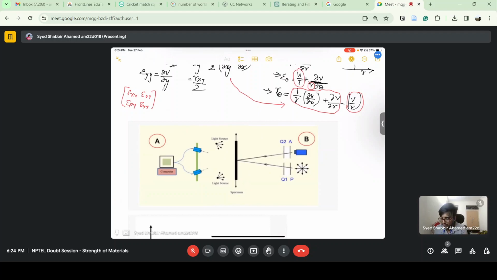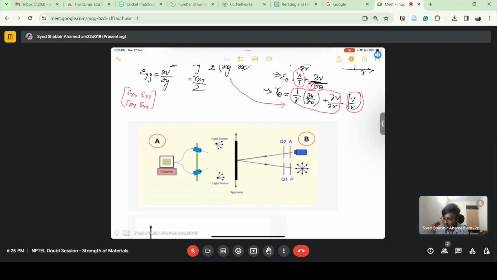On the other side you can see a polarizer and analyzer, and you have a light source, and then you are taking the reflections after the specimen reflects the light.